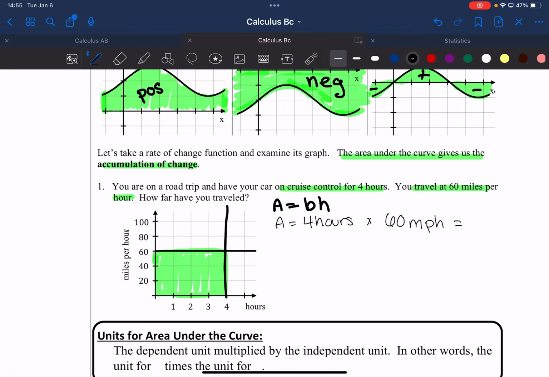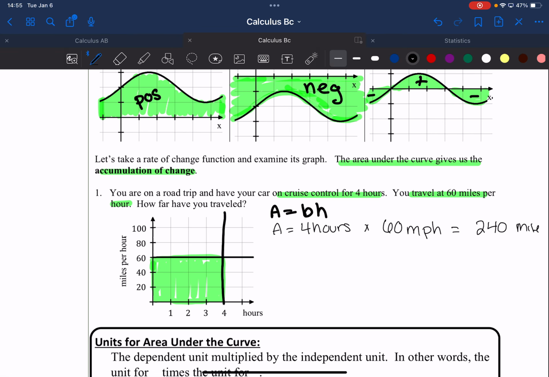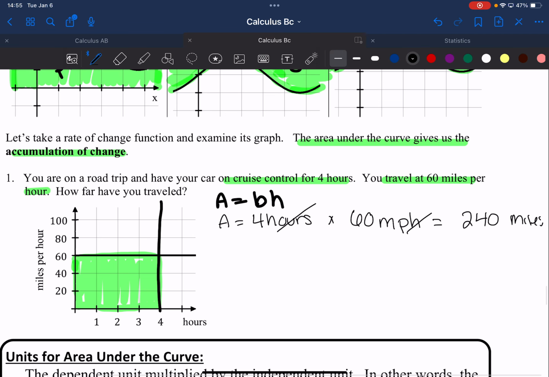We would multiply these two numbers together, and 4 times 60 is 240. And what would be the units? Miles, because the hour cancels out. Okay, we were able to do this fairly easily because we know the area of a rectangle.